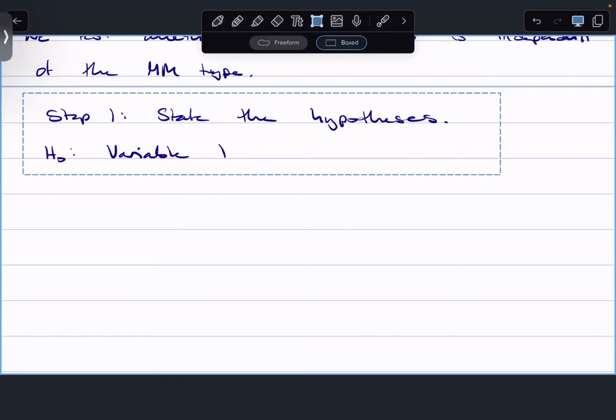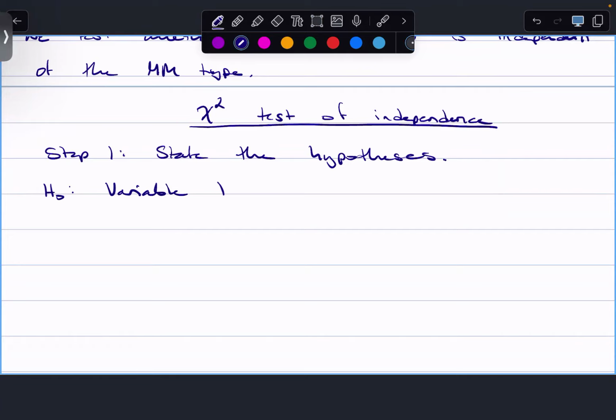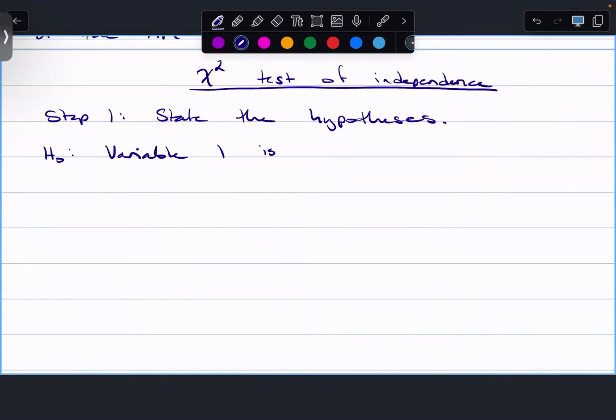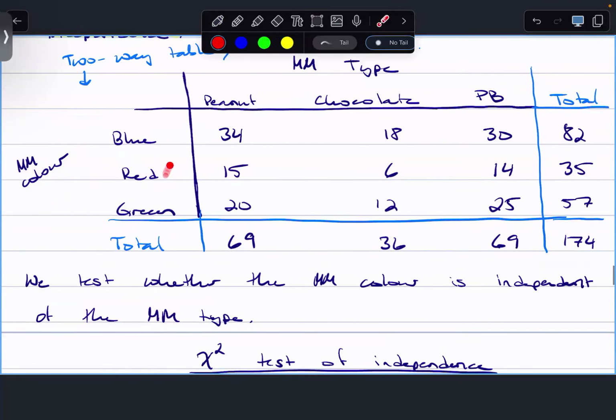Okay, and so generically, variable 1, and maybe I'll put a title because it's a fresh page anyways. So the chi-squared test of independence. Variable 1 is independent of variable 2. In our case, it doesn't matter which one is group 1 and group 2.